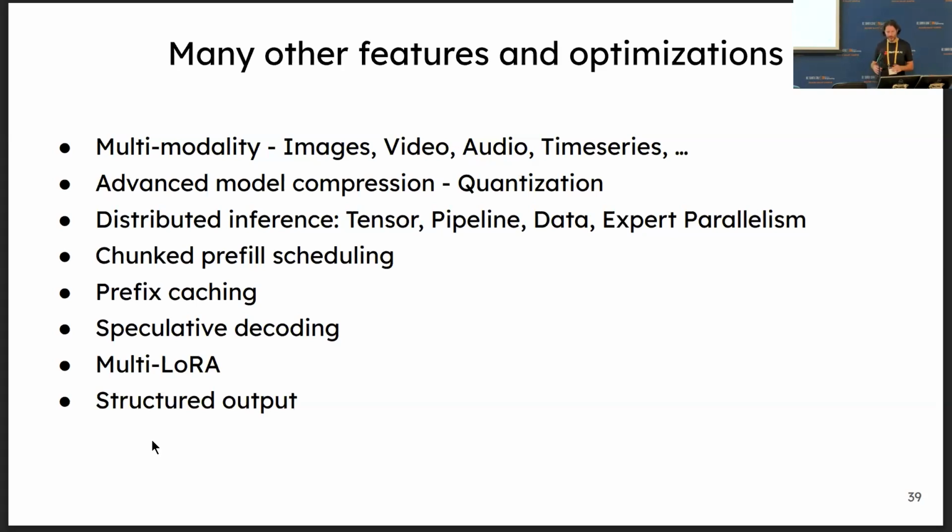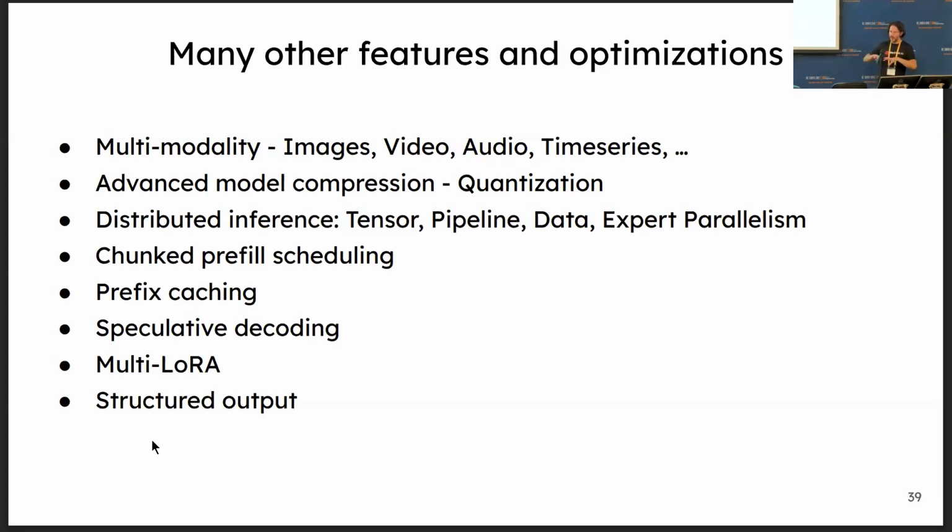Distributed inferencing: for very large models, there are different ways that you can split them up across multiple GPUs, since they might not all fit on a single GPU. And there are other reasons why you might want to speed things up by parallelizing across multiple GPUs. So these are all different ways you can slice up the model and perform the same operations in a distributed way. Tensor parallelism is where you split each layer of the model, and pipeline parallelism is where you put different layers on different GPUs.